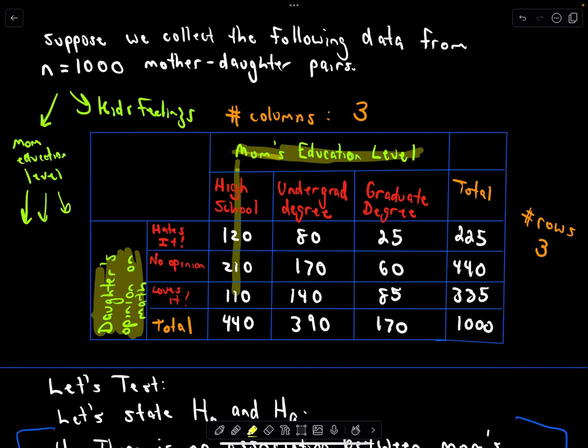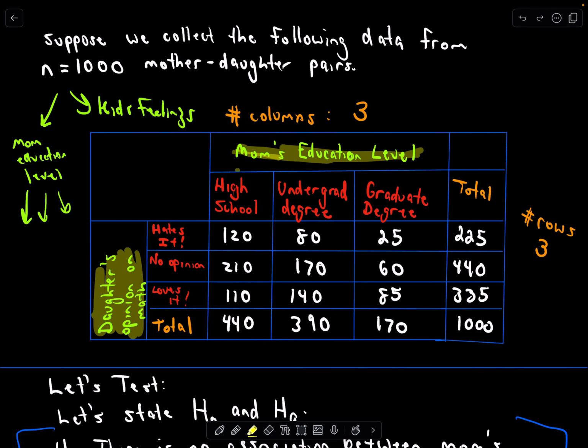So if you look at the bottom rows, for example, it says there's 440 of those mom-daughter pairs corresponded to mom having at most a high school education.